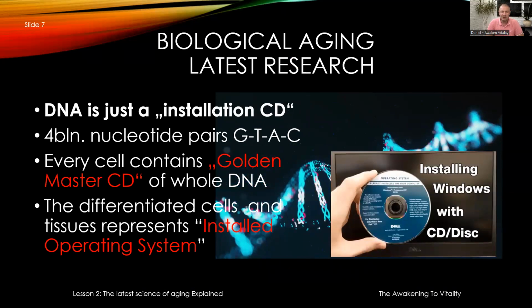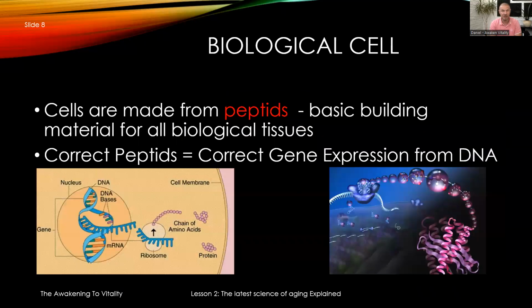Every human body has around 4 billion nucleotide pairs, G, T, A, C, and every individual cell has a golden master CD, which is pretty much the same throughout your whole life. The only difference in every cell is that it's a separate expression of this installation, and we can understand it as a separate installation of the operating system, a separate implementation.